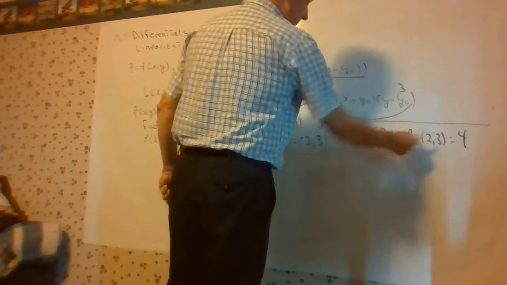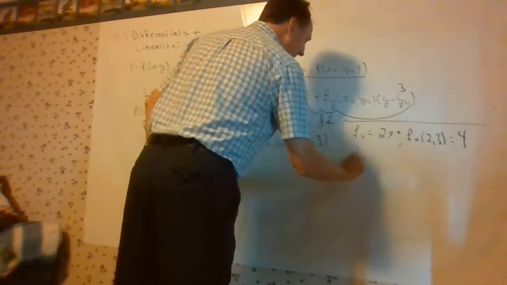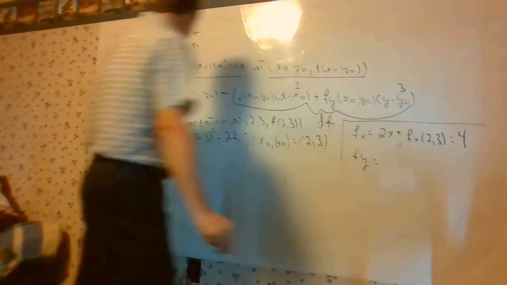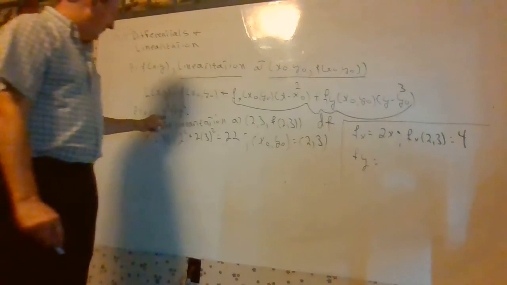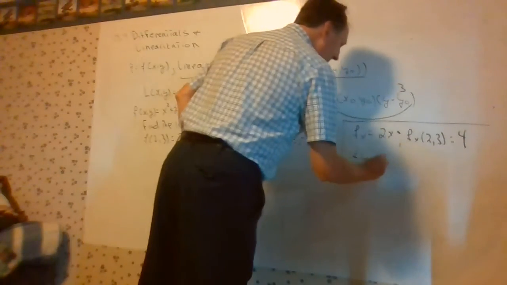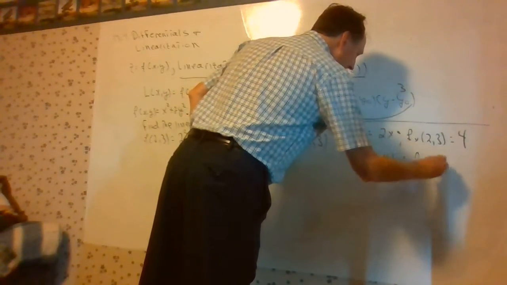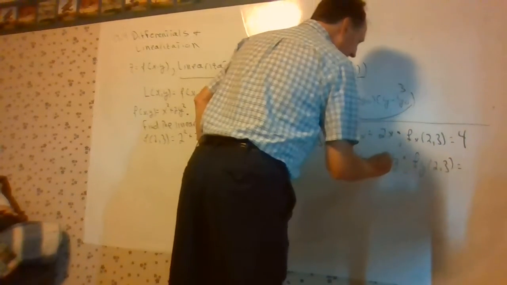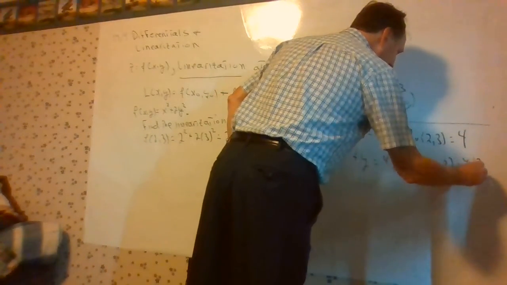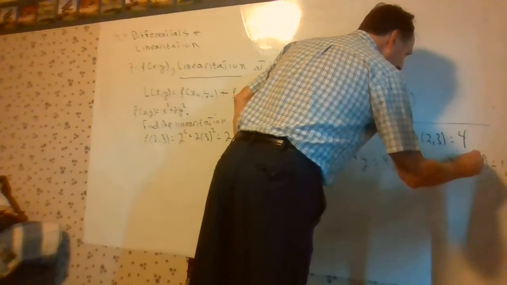Plug in 2 here. 2 times 2 is 4. f sub y is equal to 4y. The constant term goes away. f sub y at 2, 3 is equal to 4 times 3, or 12.